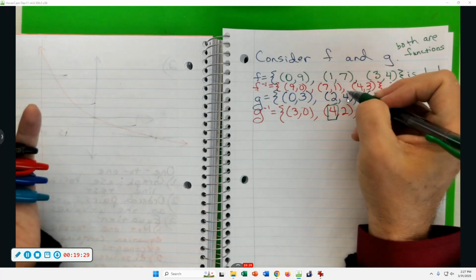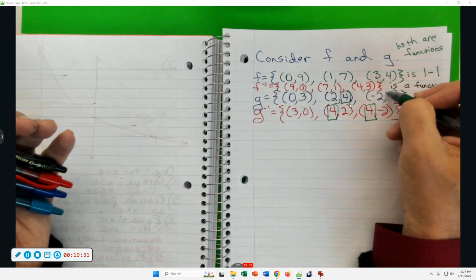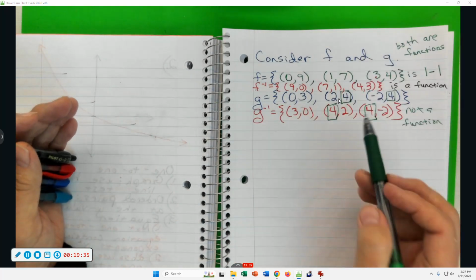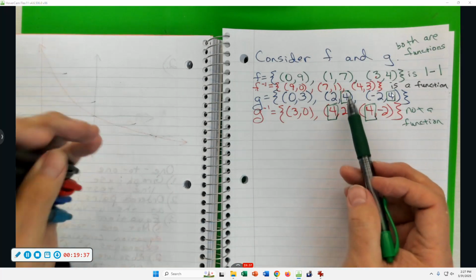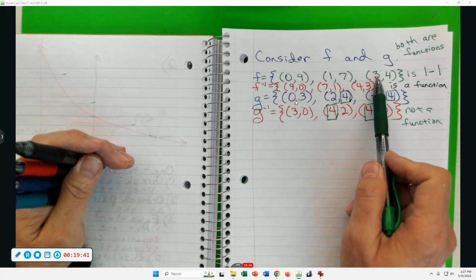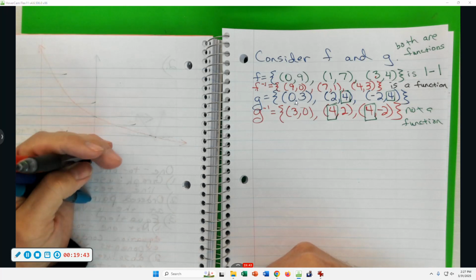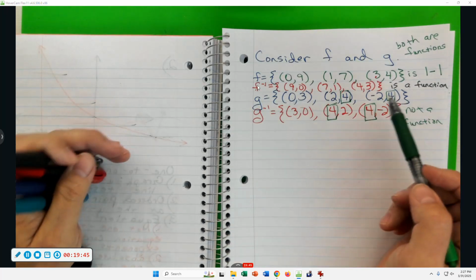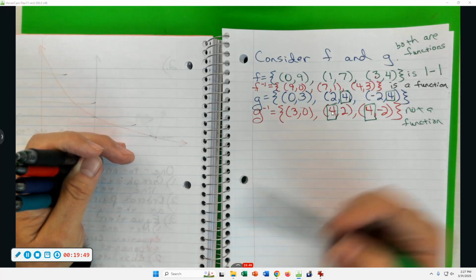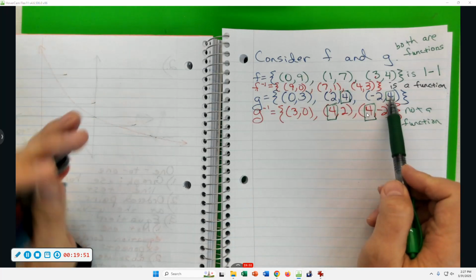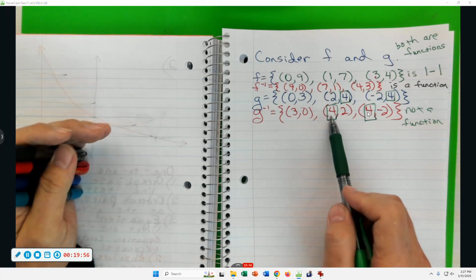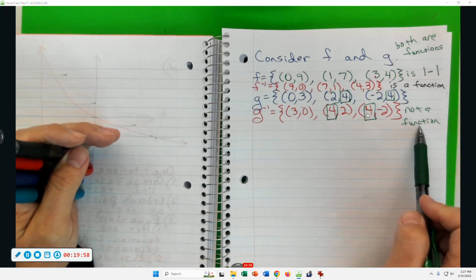And it's fine to have those repeated y values. g is still a function. But when you reverse it, the x's in the original become the y's, and the y's become the x's. Those repeated y's, that's fine. But when we flip the ordered pairs, we have repeated x's, not a function.